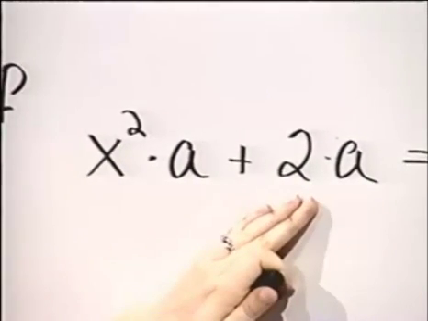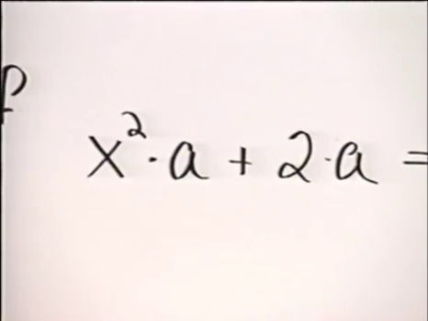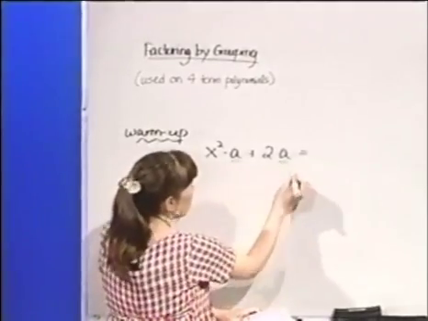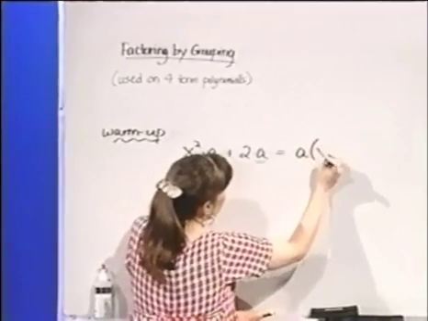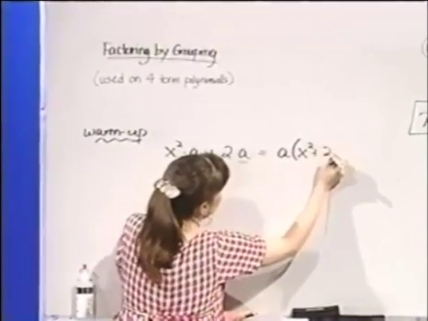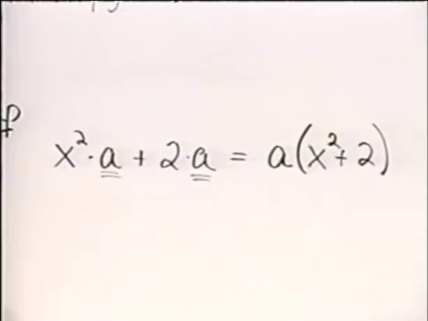If I want to factor this, I want to take out the common factor, and the common factor is a. When you take out a, you're left with x squared plus 2, and so you have a times x squared plus 2.